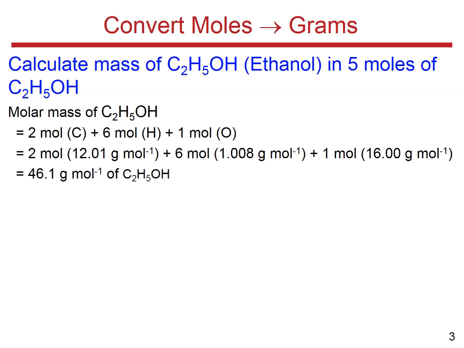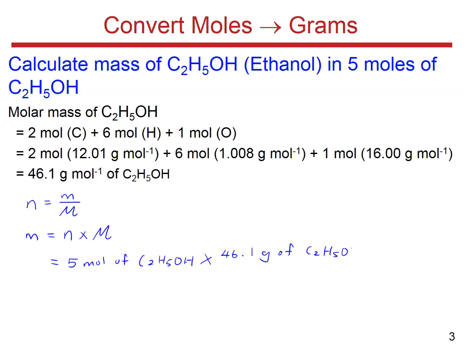Now earlier on we learned that the number of moles is equal to the mass of the molecule divided by the molar mass of the molecule, which means the mass of the molecule is equal to n multiplied by M. And therefore, 5 moles of ethanol multiplied by 46.1 grams of ethanol in 1 mole of C2H5OH.